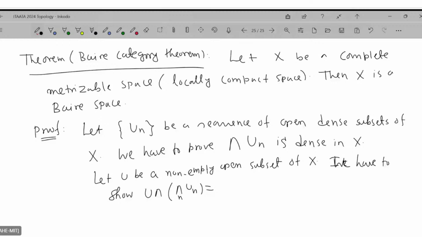Then we can say that the intersection of U_n is dense in X.